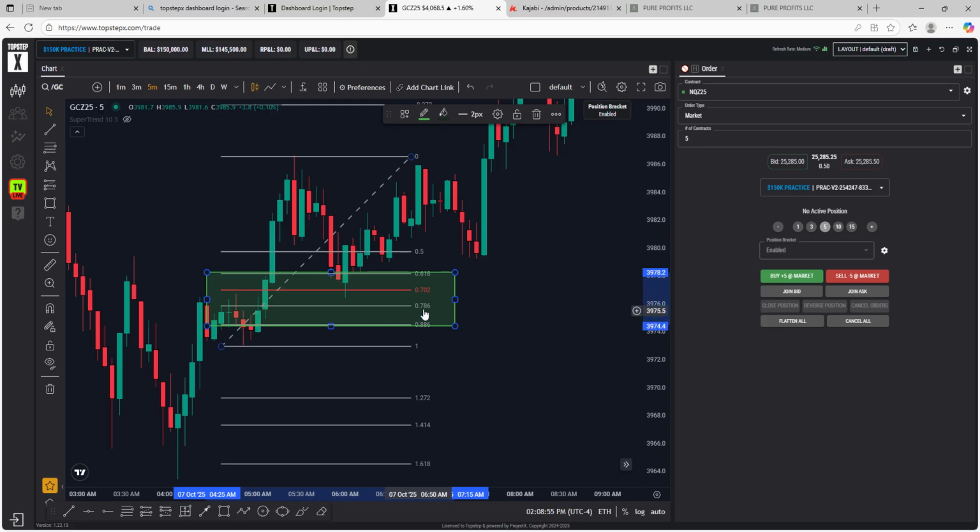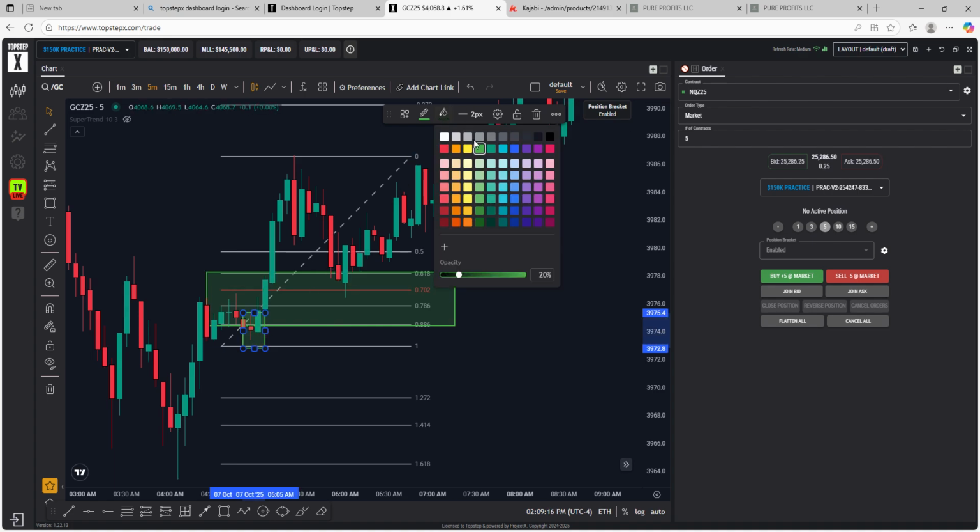We marked up our zone, and what do we find in our zone? Our OB candle right here. And this candle would be the last down candle before the up move, right? For buys, it's going to be the last down candle. Let me change this color.